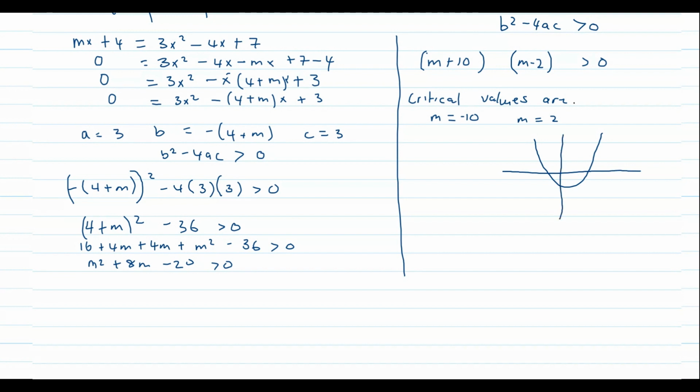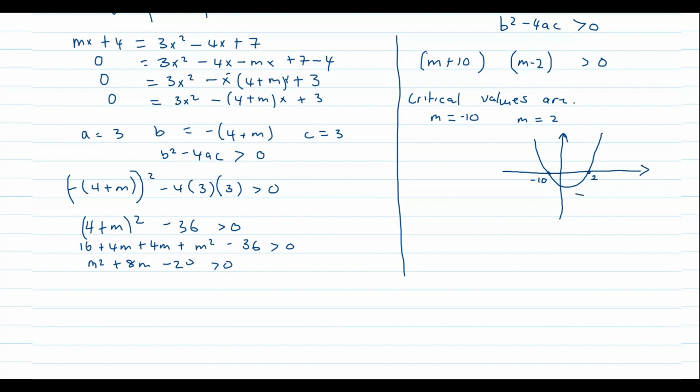If I draw this on an axis, we have m equals 2 and m equals minus 10. Let's say our minus 10 is somewhere here and our 2 will be somewhere here.